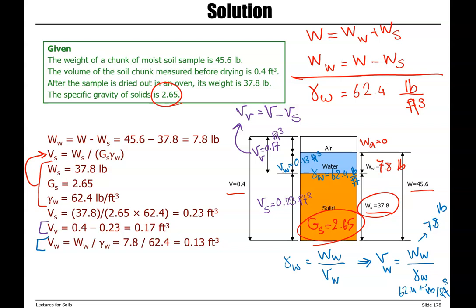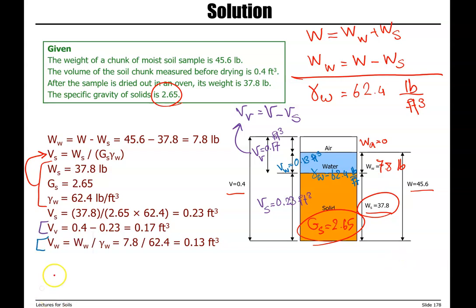And the last thing that we need to calculate is volume of air. You can calculate that using two different formulas. So we said that total volume is equal to volume of air plus volume of water plus volume of solids. So from here, you can calculate volume of air as total volume minus volume of water minus volume of solids.